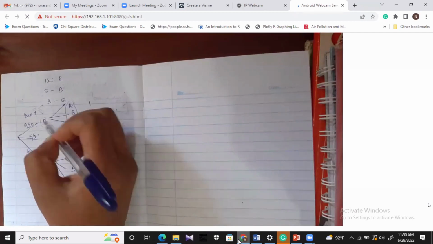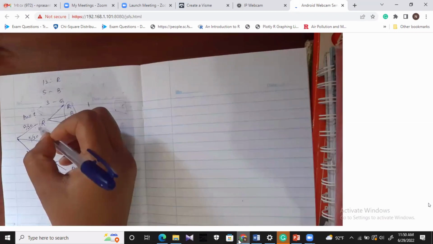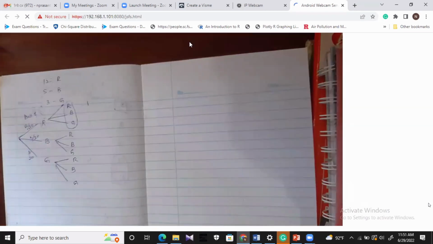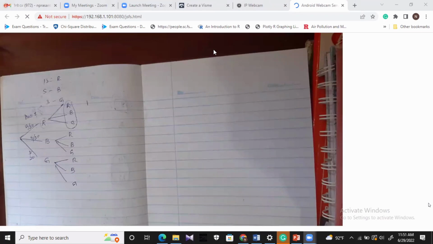Earlier it was 20. 20 balls were there and we took one ball out. Now how many balls are there? You are very close to the answer, but that is not the correct answer. 19. Yes, there are 19 balls in the bag because we have taken one ball out.